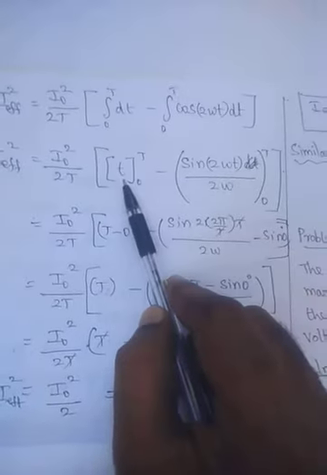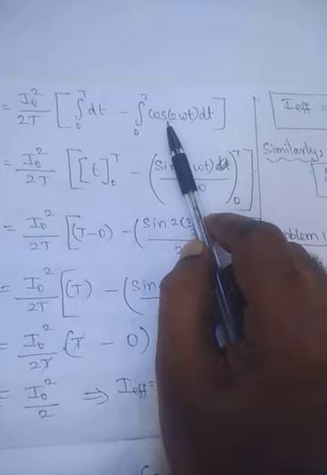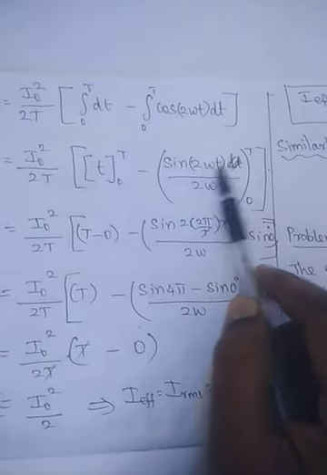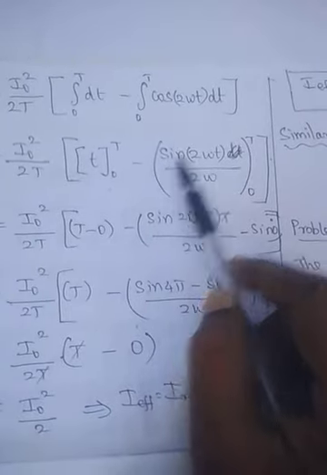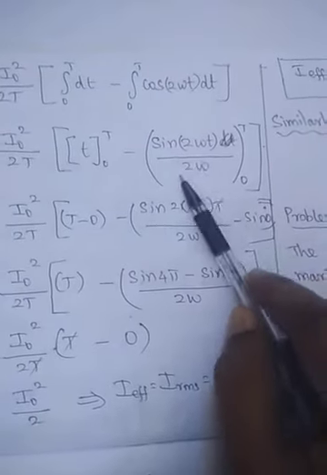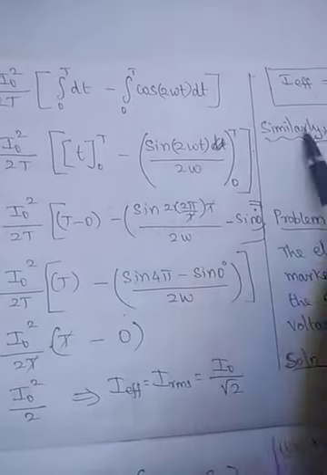Integral dt means t. The integration of cos theta is sin theta, so sin 2 omega t by 2 omega. Cos integration is sin, and for 2 omega t we have to put 2 omega in the denominator. If it were differentiation, it would be multiplication.